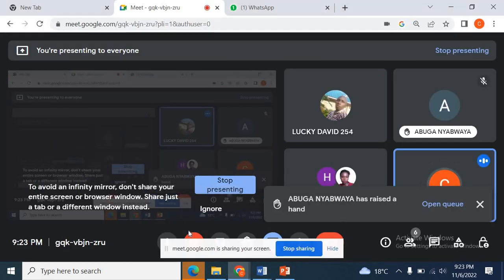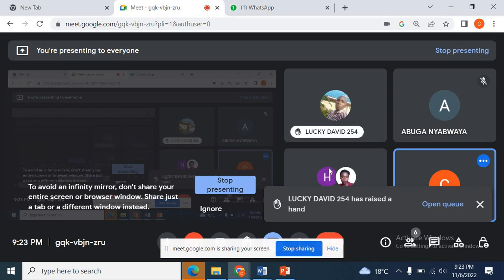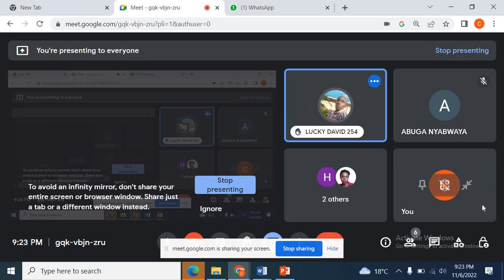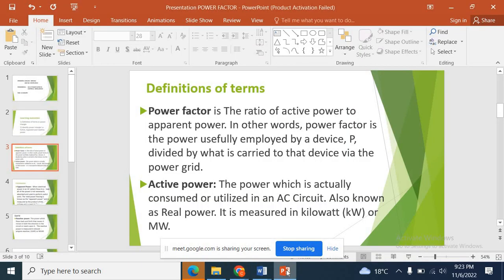It is the ratio of active power to apparent power. Power factor is the power usefully employed by a device divided by what is carried to the device through the power grid. That's a good try.